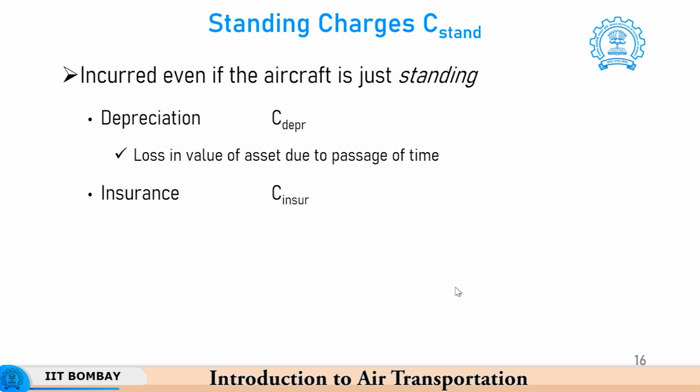Then we have to cater for insurance. Insurance is the premium that you pay for insuring the hull, that is the aircraft and the structure, engines, the crew and the passengers who are flying in the aircraft.